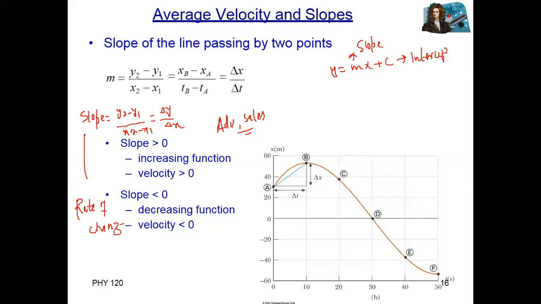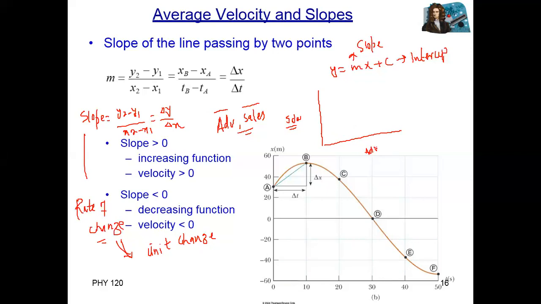Slope shows the rate of change. It shows a relationship between these two variables, advertisement and sales, but slope actually shows the additional unit change. For example, you are spending an amount on advertisement and your sales are increasing.